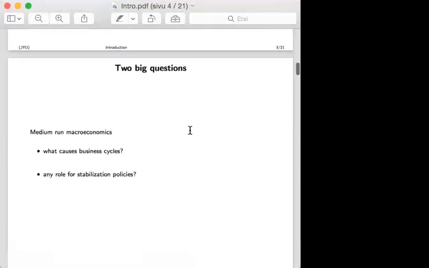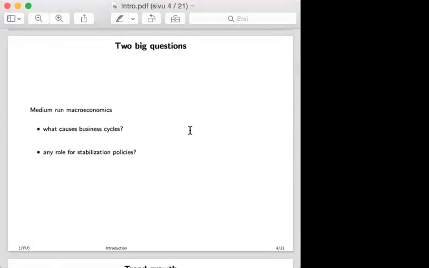So we are going to focus on models and tools that are really used in cyclical fluctuations and for medium-run macroeconomics in general. They can be used to answer two questions. What causes business cycles? And then is there any role for stabilization policies?